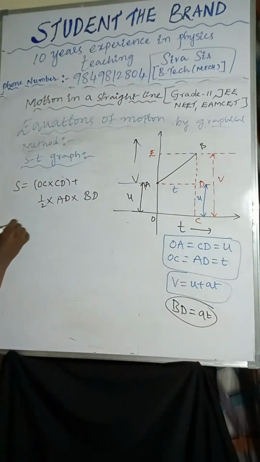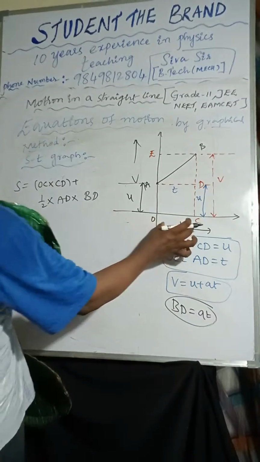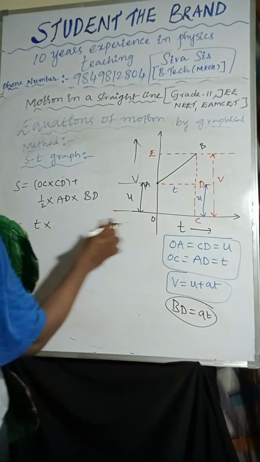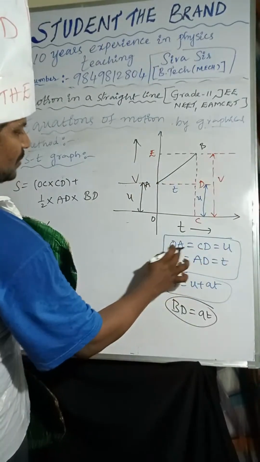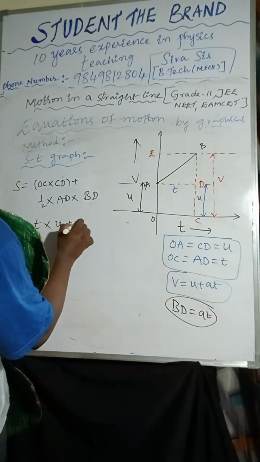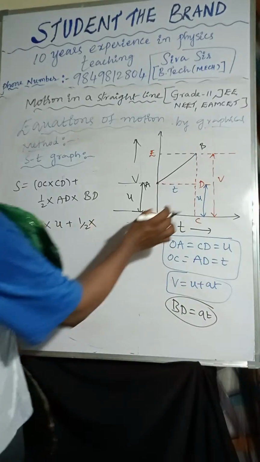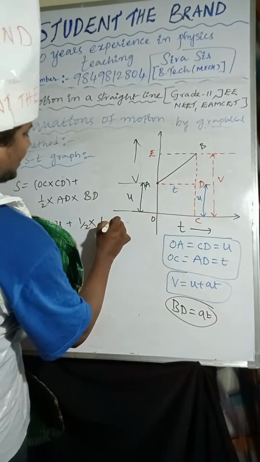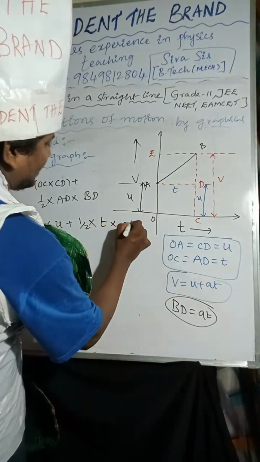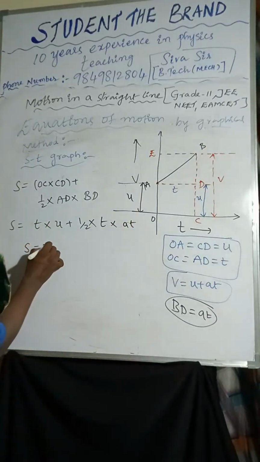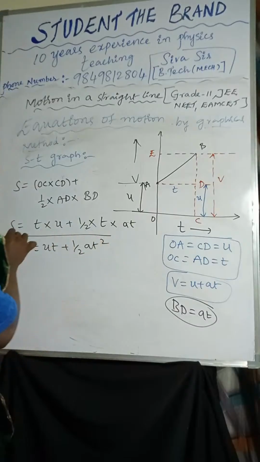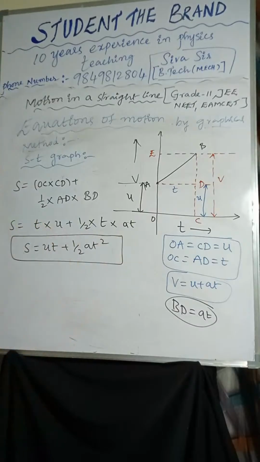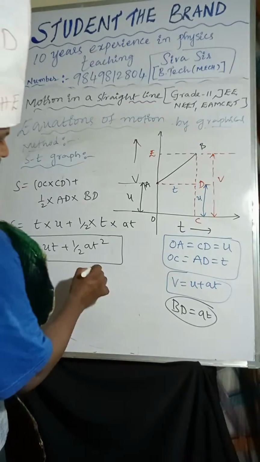Now we are considering S equal to OC, which is T, and CD or OA is the initial velocity, plus half into AD, which is T, and BD equal to A into T. Then you will get S equal to UT plus half AT square. This is the second equation.